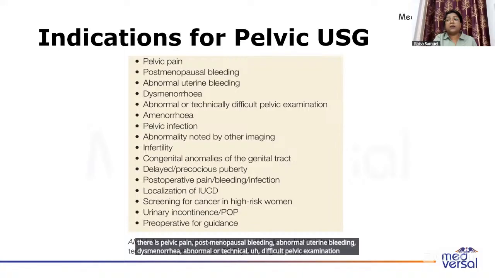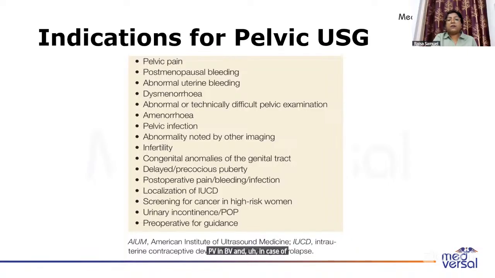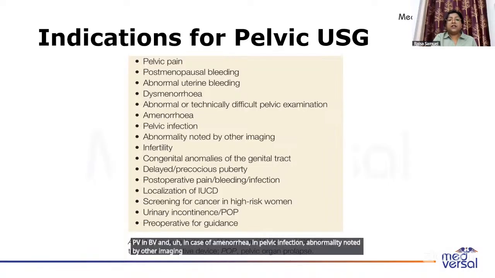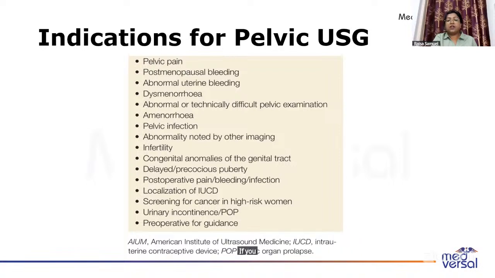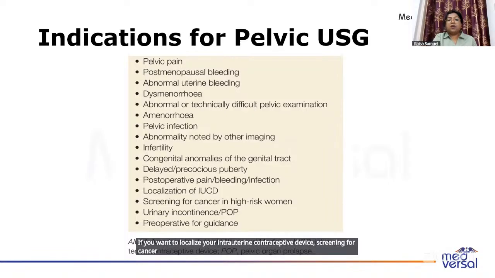Sometimes we may not be able to assess on PV, and in case of amenorrhea, in pelvic infection, abnormality noted by other imaging, infertility, congenital anomalies of the genital tract, any delayed or precocious puberty, post-operative pain or bleeding or infection, if you want to localize your intrauterine contraceptive device, screening for cancer in high-risk women, urinary incontinence or pelvic organ prolapse as a preoperative guidance. So these are the indications for a pelvic ultrasound to be done.